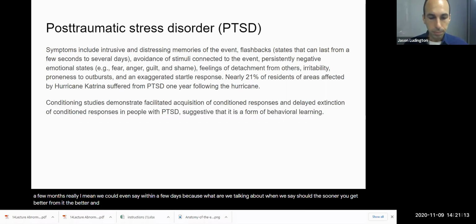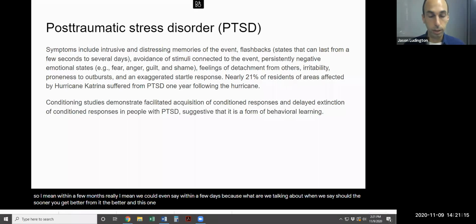And this one is greatly improved with different therapeutic techniques. There's a lot of research on PTSD, and a lot of techniques are being tested, studied, and experimented with for PTSD.